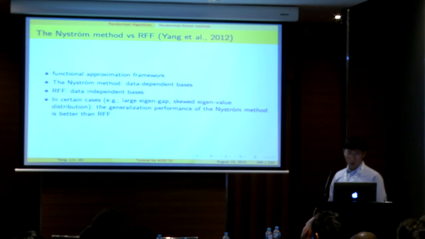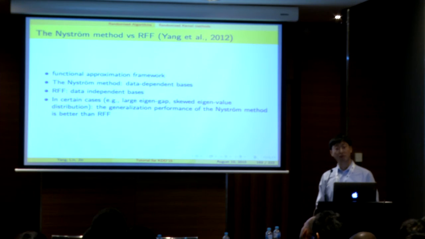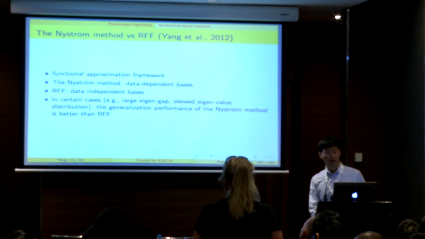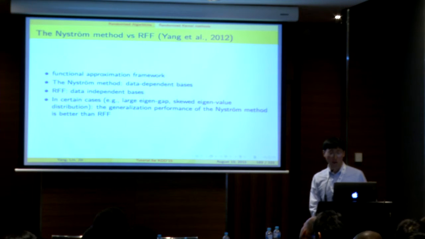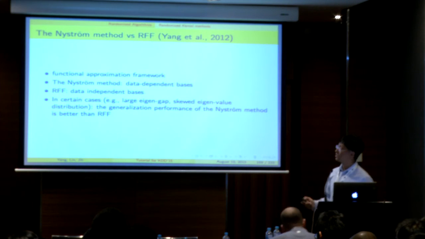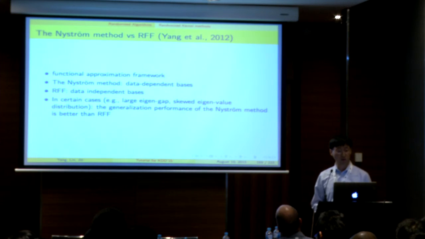Okay, so I talked about two approximation methods for kernel methods. One is the Nystrom method. One is random Fourier features. You may wonder how they compare with each other. Which one is more effective? In 2012, we studied the two approximation methods in a unified framework from the perspective of functional approximation.